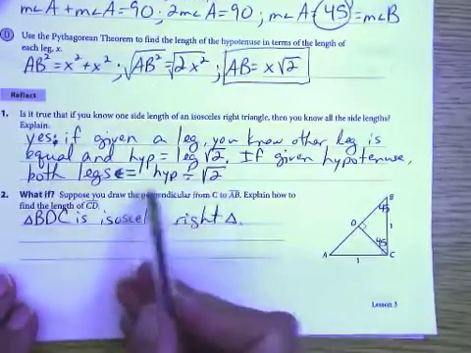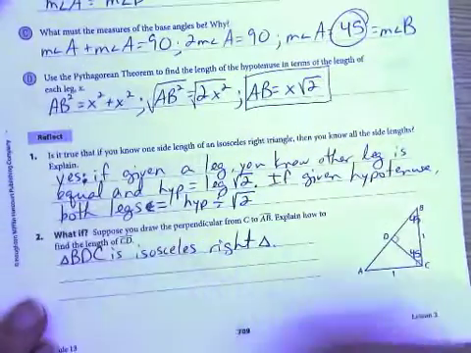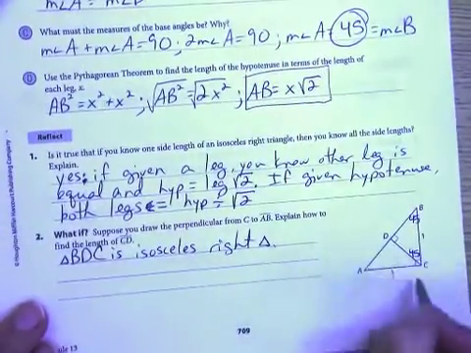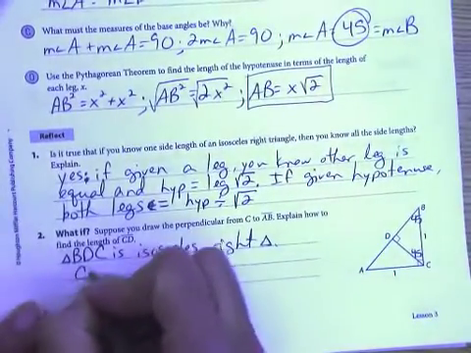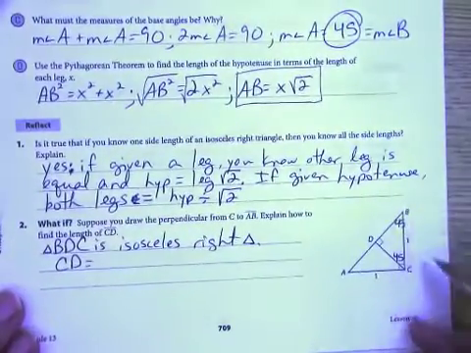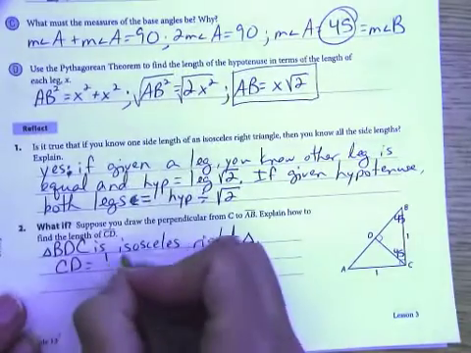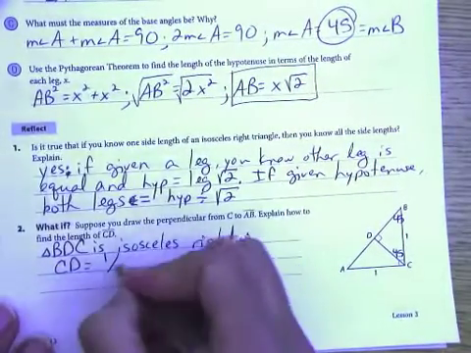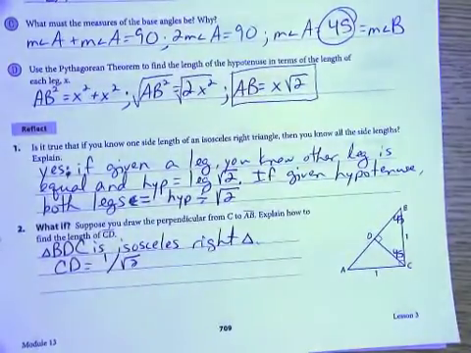So like I said here, the leg, let's say BD, oh no, I'm trying to find CD. CD is going to equal that hypotenuse, which is 1, divided by radical 2.